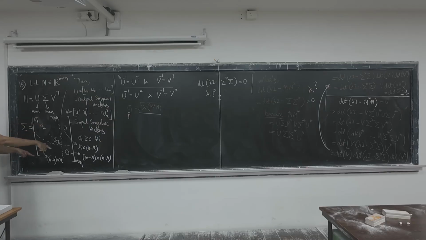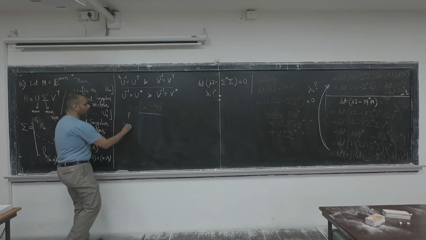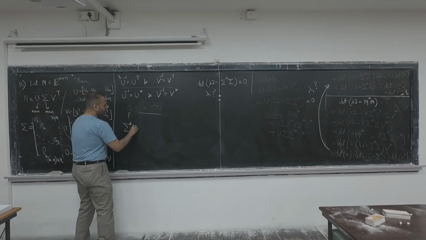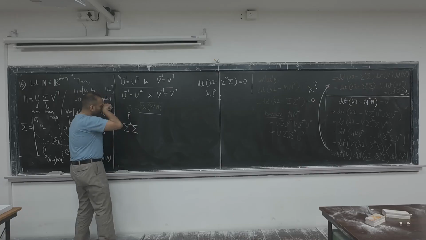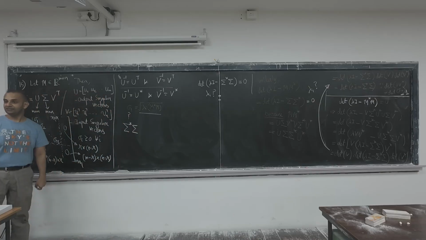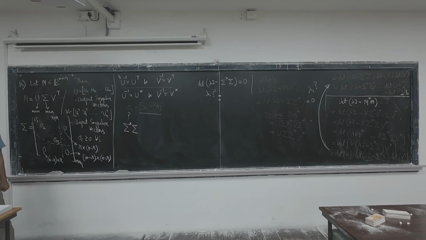If you have this kind of case, you can take any of the examples. Suppose you have a square block, then here you have a tall zero matrix, here you have a fat zero matrix, and here you have a square zero matrix. Then what will be your sigma transpose? Here because it's a real matrix, star and T mean the same. If you do this, then what will happen?